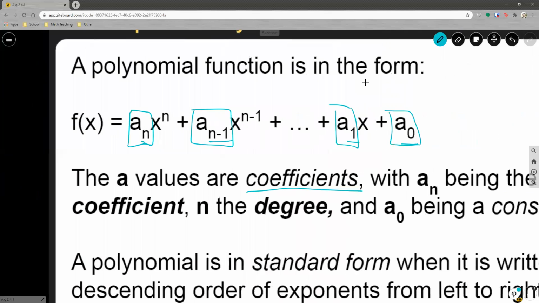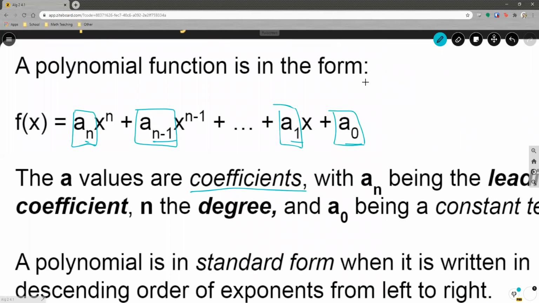So the a values are all just coefficients with these subscript values relating directly to the exponents of these variables. Notice that n and n match, n minus 1 and n minus 1 match. X over here would be actually x to the first, and that matches with the 1 as well.